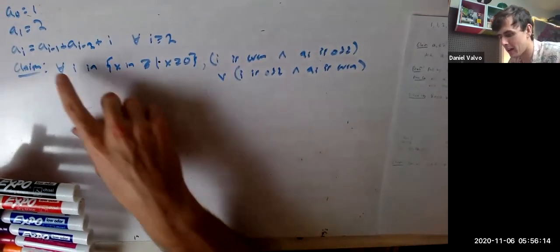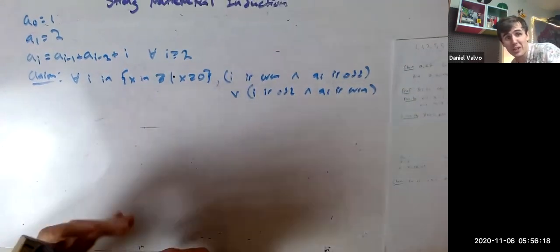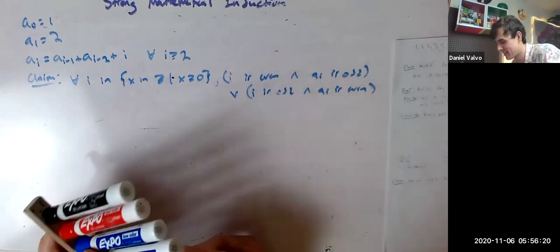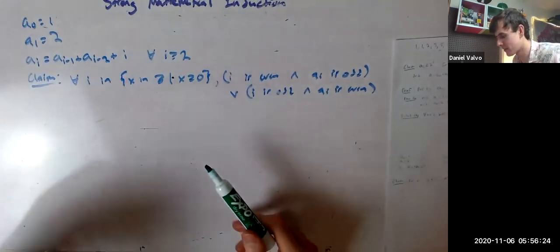So just saying that i will be the opposite of Ai. The index will be the opposite of whatever the actual thing is. That's the weird claim about this weird set of things.